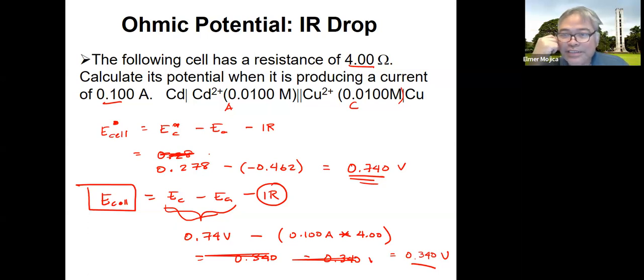We never took this in Chem 1, or even in analytical electrochemistry, I'm not sure. But I'm just showing you here the effect of the IR drop, or the ohmic potential, on the overall cell potential.